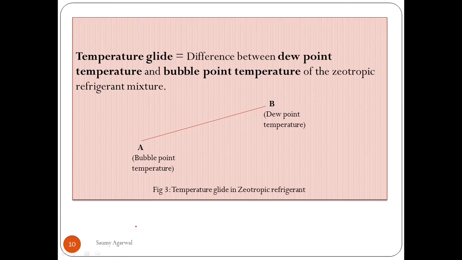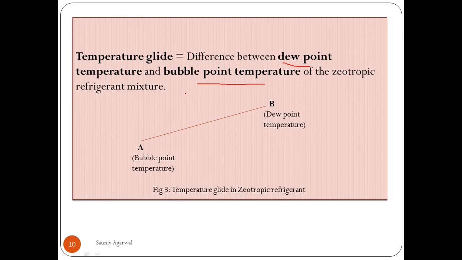Also, the phase change in alloys is between solid and liquid, but in a zeotropic mixture the phase change is between liquid and vapor. Similarly, as we have two temperatures in alloys, here we have the dew point temperature and the bubble point temperature. This temperature glide is the difference between the dew point temperature and the bubble point temperature of the zeotropic refrigerant mixture.